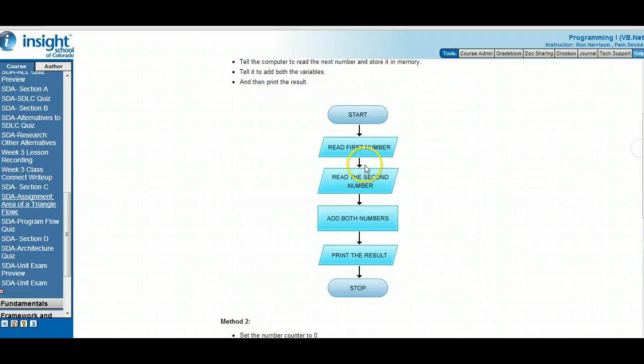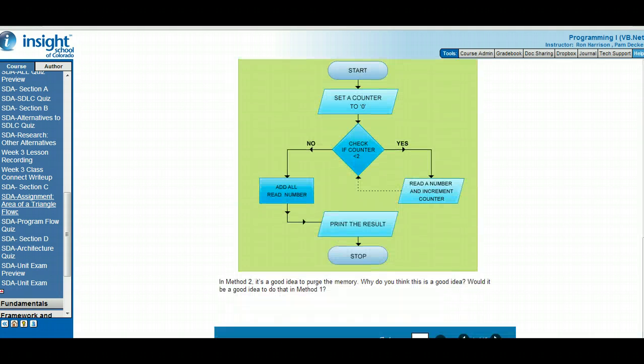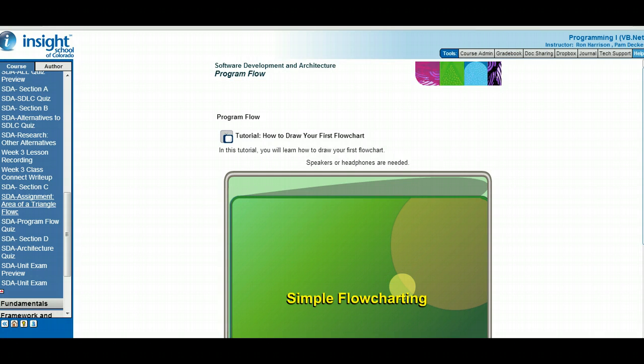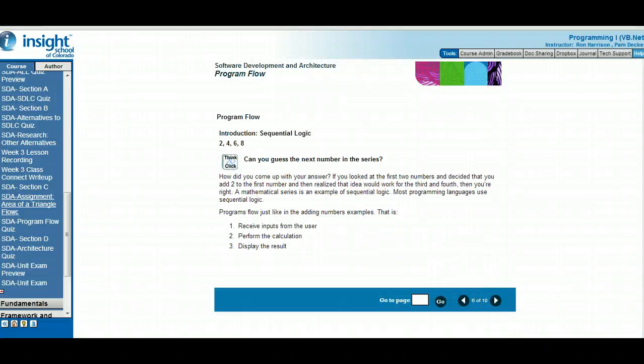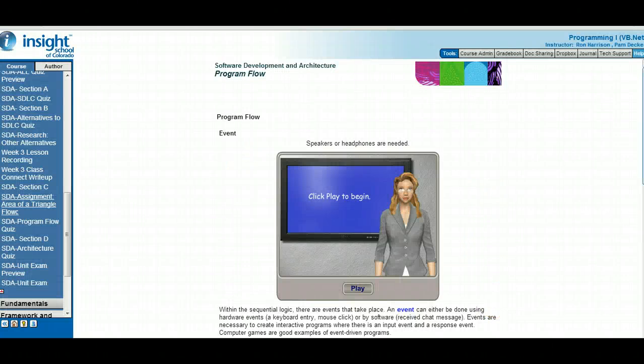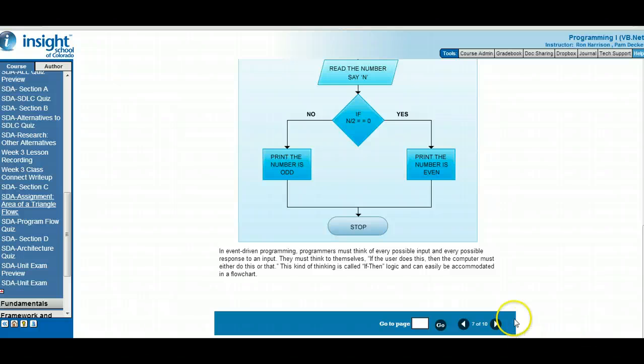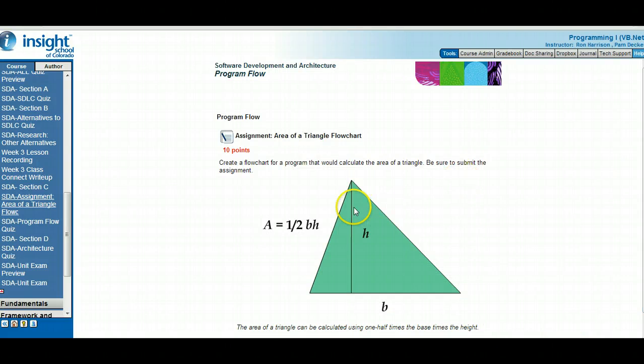And again, this flow chart up here adds two numbers, it does the math right here, and then it prints the results. So the reason we need to know that is because now we need to go to our example or our assignment, and in this assignment, and you'll be looking at all these slides as you go through the lesson presentation, the formal presentation, but for this assignment, you're going to figure the area, which is A, and the area would be all the green space inside this triangle.